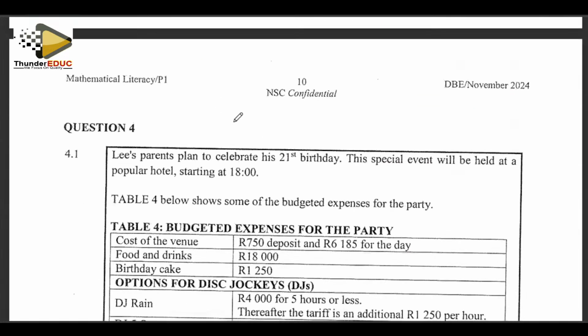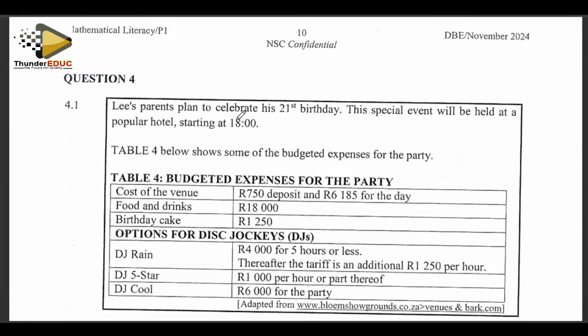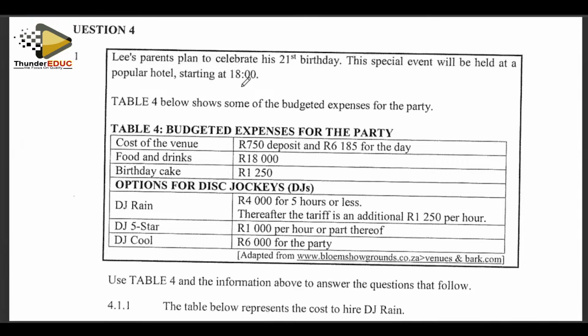Okay, we go to question number 4. In question number 4, we deal with finance a little bit. Lee's parents plan to celebrate his 21st birthday. This special event will be held at a popular hotel starting from 18 hours, which is 6 p.m. Below shows some of the budgeted expenses for the party.